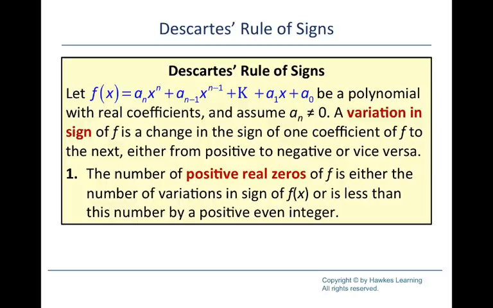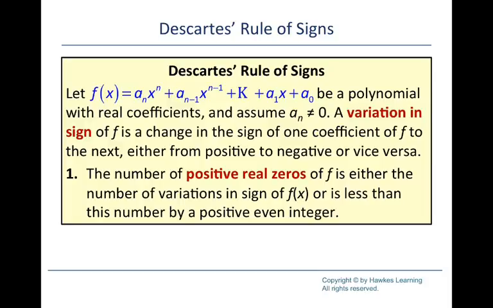And the reason it's a positive even integer is that complex zeros are always in pairs, because there's always a complex number and its conjugate as its pair if there's a complex zero.